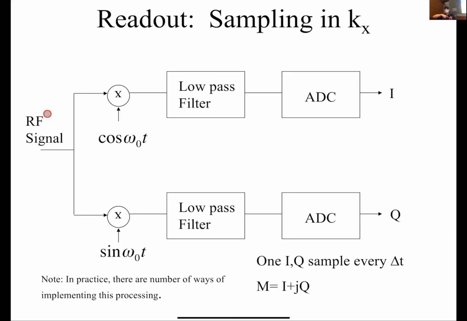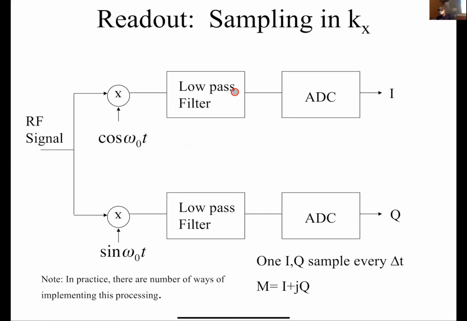You can look at it with an oscilloscope. Now we're multiplying it by cosine and sine, which are 90 degrees out of phase, so we're actually creating an imaginary number from that. We're going to create something like I plus jQ, where I and Q are the in-phase and the quadrature components of that signal. So we're creating an imaginary number, and we have two streams here.